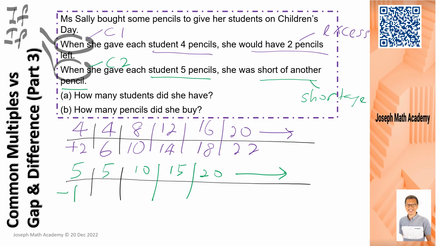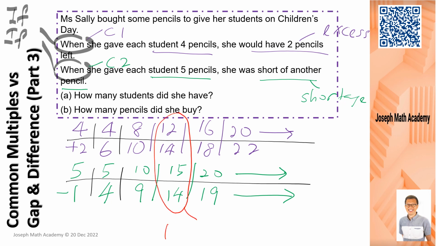That means that student could only receive 4. In order to give that student 5 pencils, she needs to get 1 from somewhere else. So 5 minus 1 is 4 if there's 1 student. This process will continue for the multiples of 5. So 5 minus 1 is 4, 10 minus 1 is 9, 15 minus 1 is 14, 20 minus 1 is 19. And I have decided to stop because I arrived at a common number, 14.